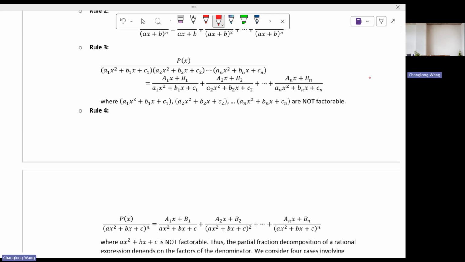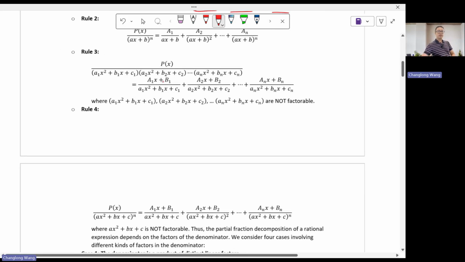Now, what about the numerators? We have a sub 1 x plus b sub 1, a sub 2 x plus b sub 2, right? The same thing here for rule number 3 and number 4. But you notice that things get more complicated if you deal with quadratic factors in the denominator, because the numerator must be up to the first power.